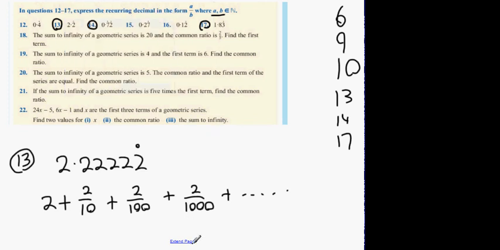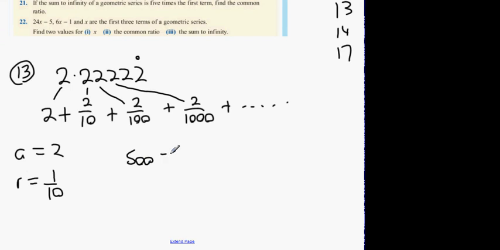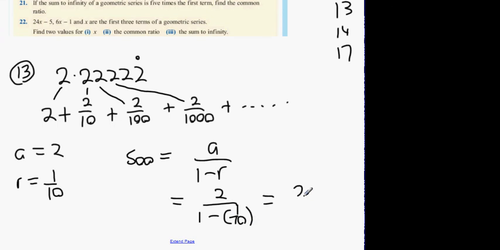Now in this question, what we can say is that it's a series. Our a value is 2, our r value is 1/10, and the sum of infinity is basically a over 1 minus r, which is going to be 2 divided by 1 minus 1/10, which is going to be 2 divided by 9/10, which is going to be 20 divided by 9.